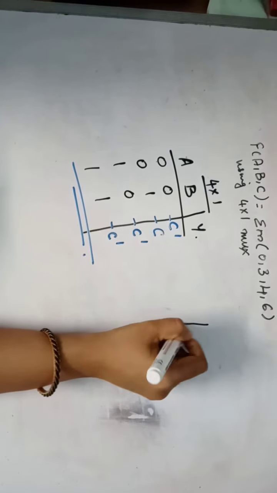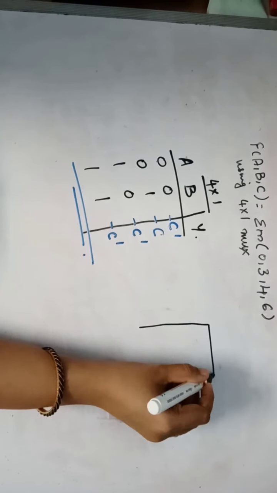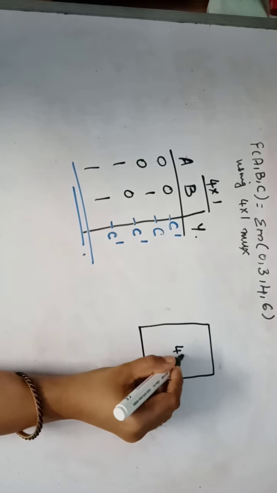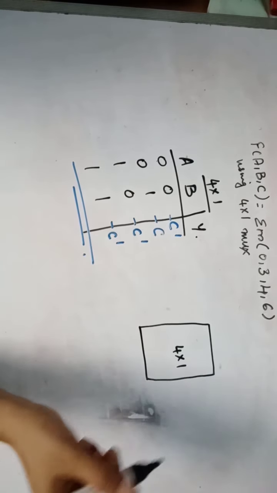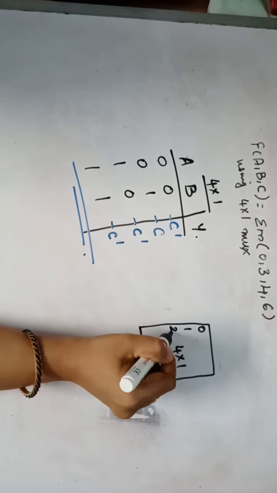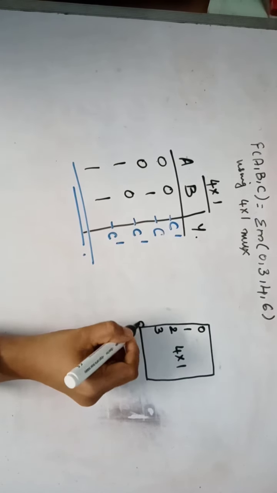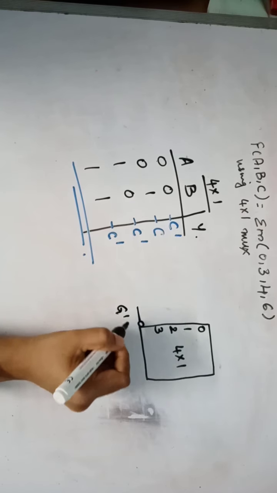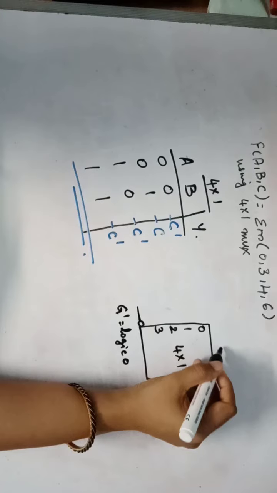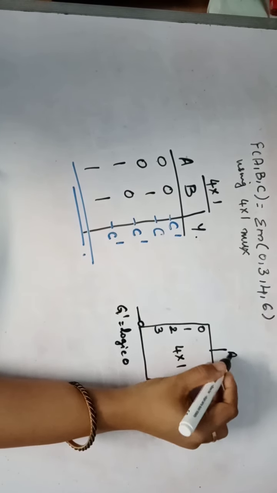I have a 4 by 1 mux. In this, 0, 1, 2, 3, this is G bar. G bar is equal to logic 0. Here you have two select lines A and B.